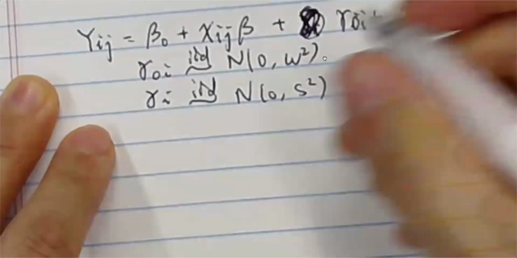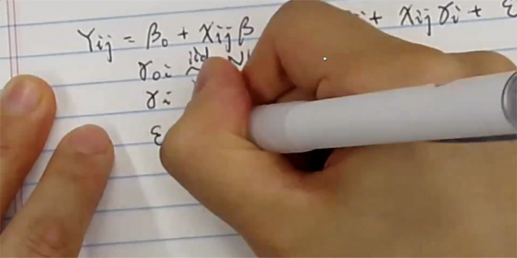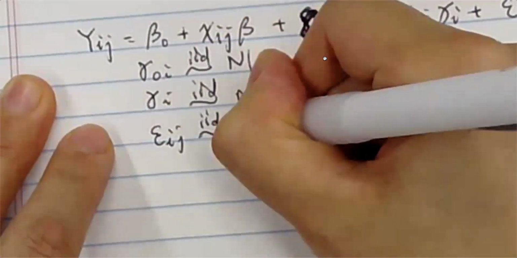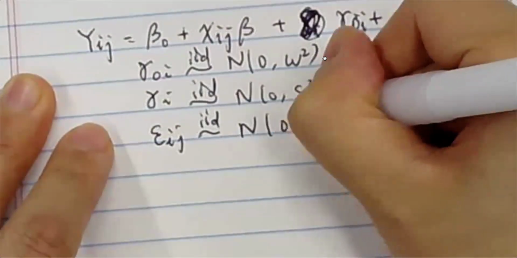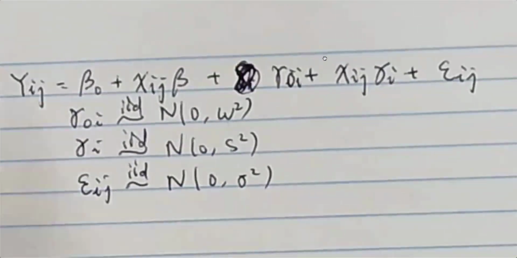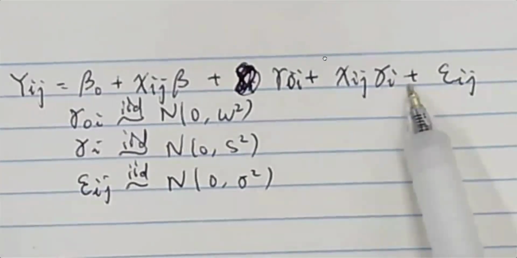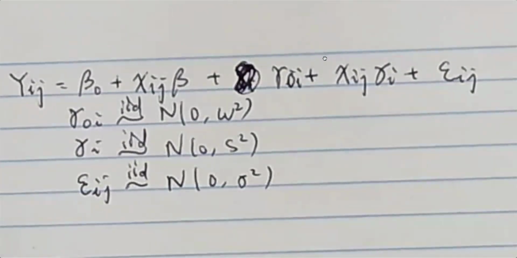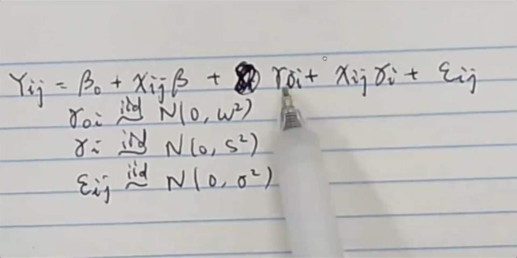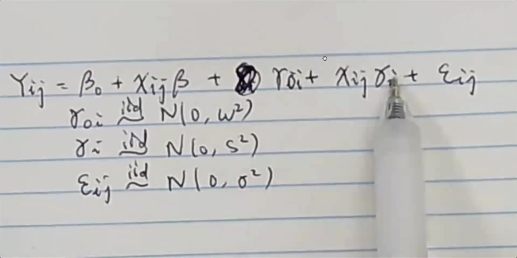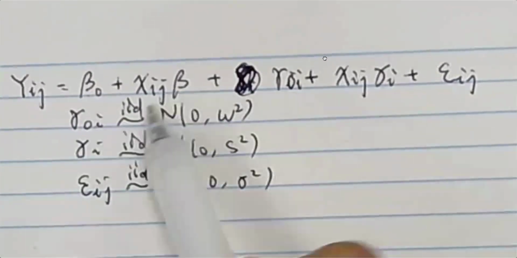Epsilon ij IID zero mean sigma squared. If I have that, then this model has a random intercept and a random slope. So I'm allowing each group to have its own intercept, its own slope. And these two are deviations from the common intercept and common slope, right?